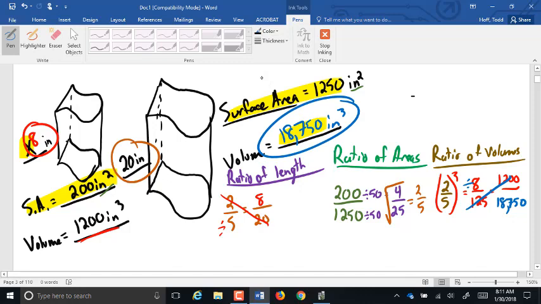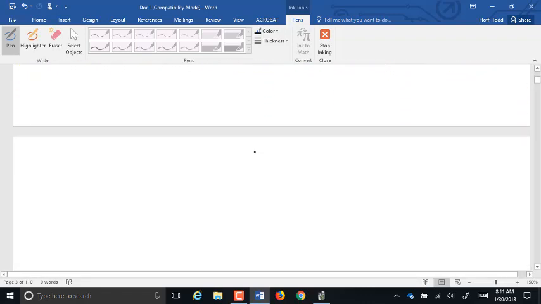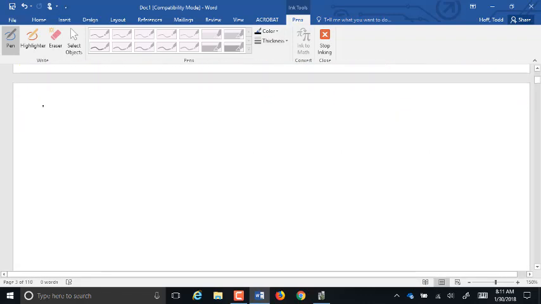Now, oftentimes the tricky part when dealing with these ratios is deciding whether it's a ratio of volumes or a ratio of areas. For example, we have an exhaust pipe. We have an 8-inch diameter exhaust pipe.